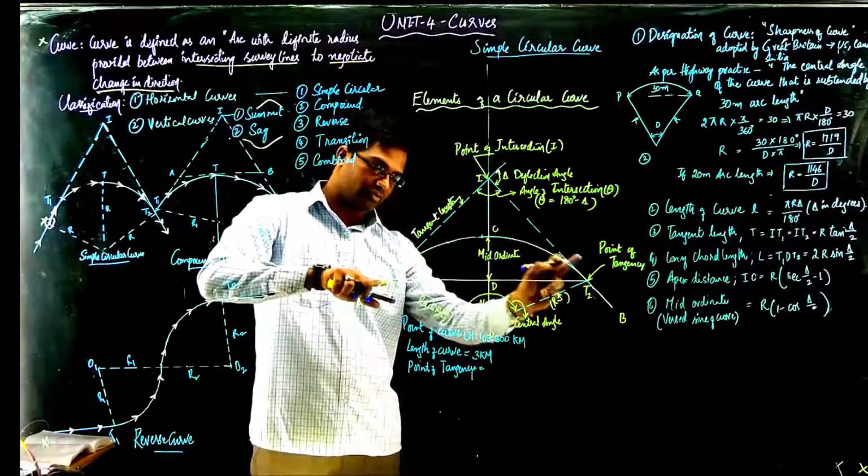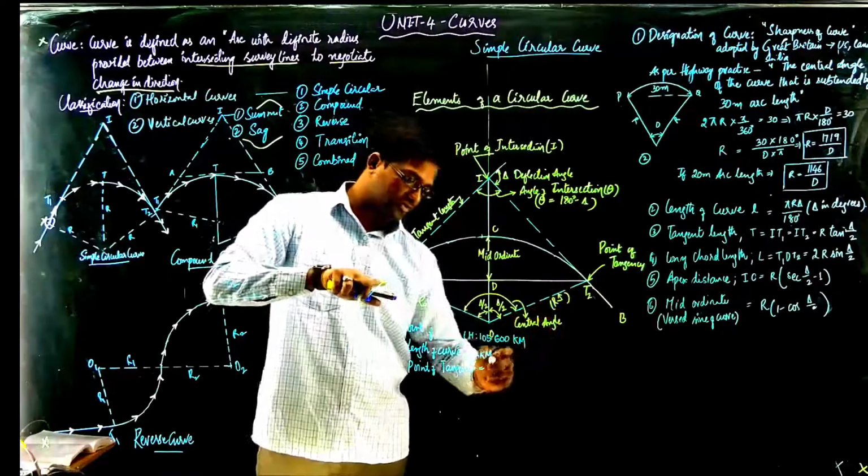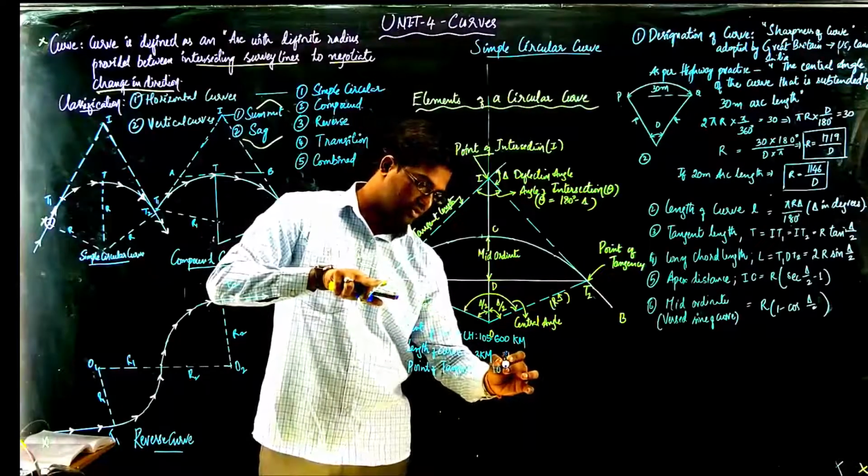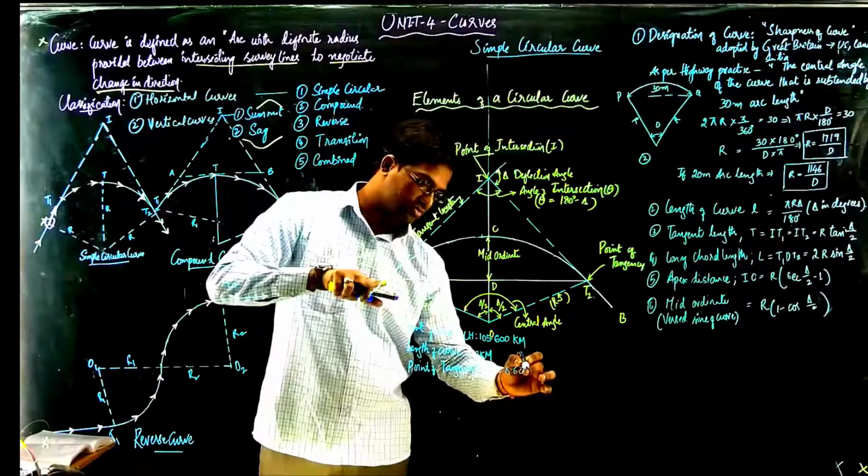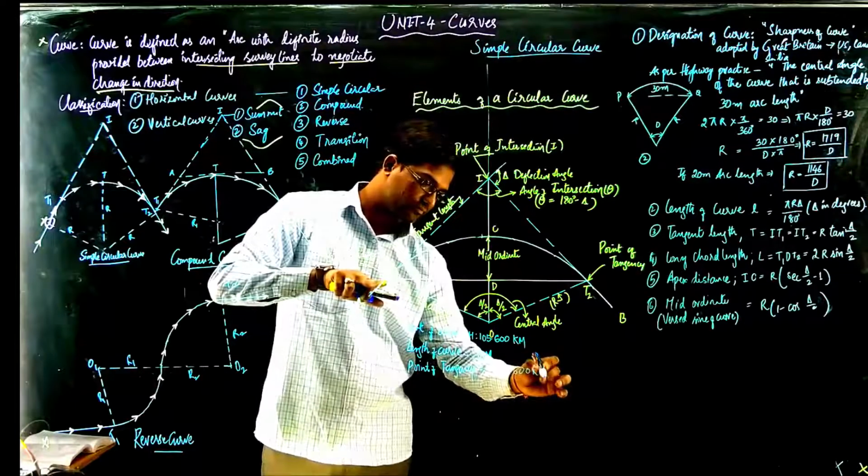I add the length of curve, 3 kilometers, to 105.6 kilometers, and I will get the chainage of the point of tangency. So this will become 108.600 kilometers.